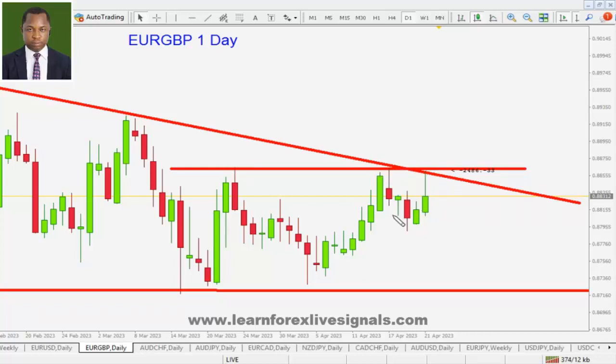For those of you who are members of our Telegram channel and WhatsApp group, we will place the order and let you know how we intend to go about this. Our ultimate direction here is to the downside. If price keeps pushing to the upside from here, then we are going to cancel that order for a risk-free trade. So let's wait for the market to open.